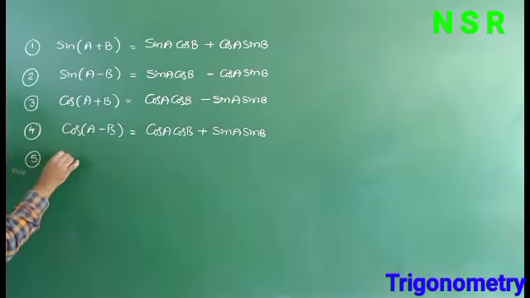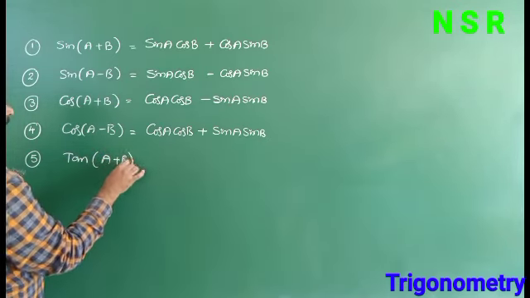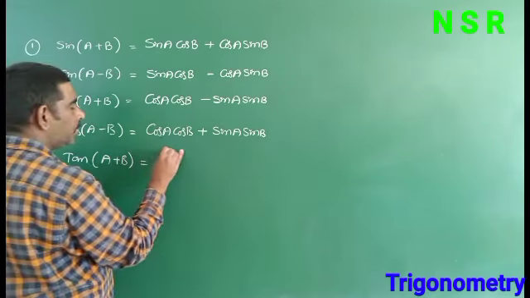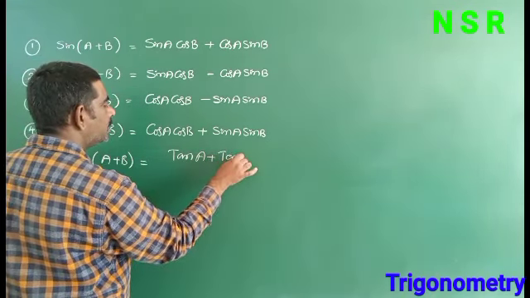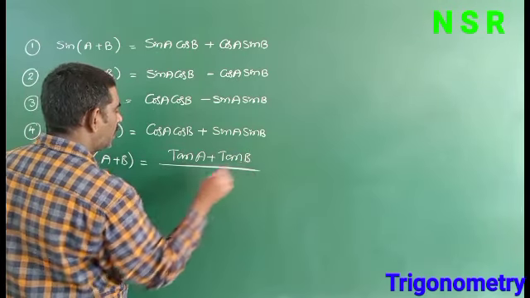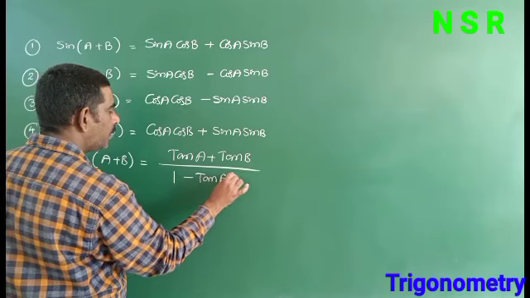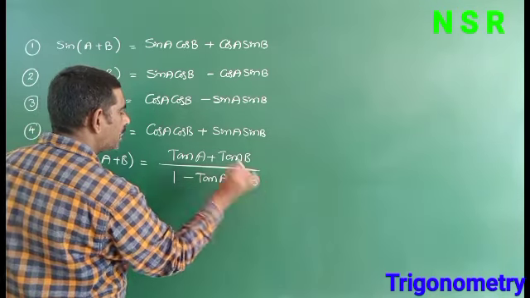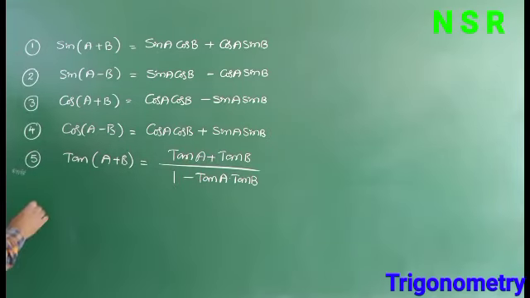Next, tan of a plus b. Tan of a plus b is equal to tan a plus tan b by 1 minus tan a into tan b.